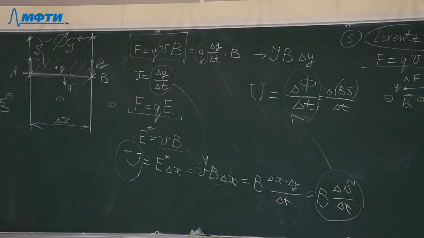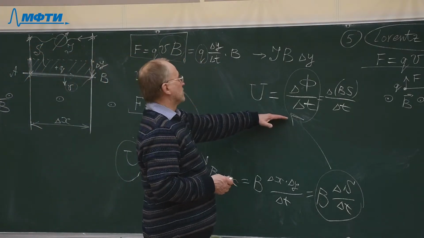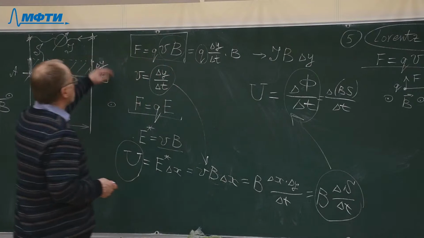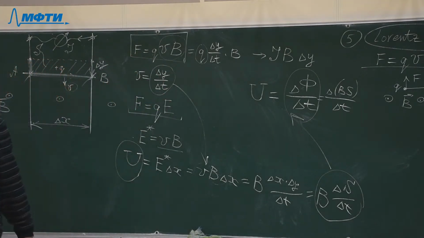So there is a very close connection between different phenomena in electromagnetism. And it's very often the case that one formula, like for electromagnetic induction, can be derived from another formula, and vice versa. They are intimately connected. All this theory is beautifully interconnected.